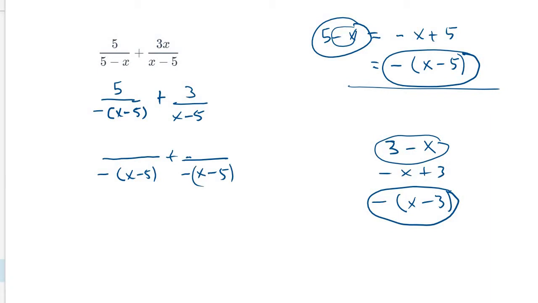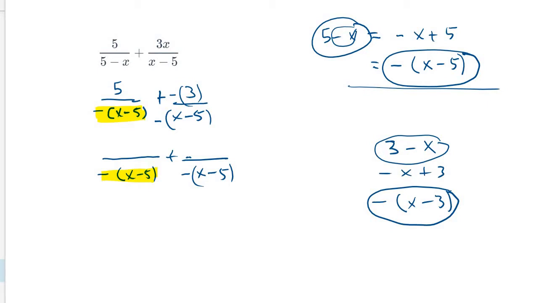So we can have both the negative and the x minus 5 represented, okay? So now the left side already has the same denominator there. We don't need to do anything. But we need to do something to the other side to get them the same. So what we need to do is to multiply the numerator and denominator by negative. So times a negative and times a negative.